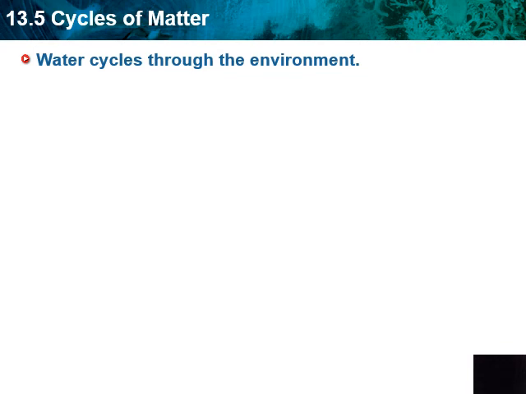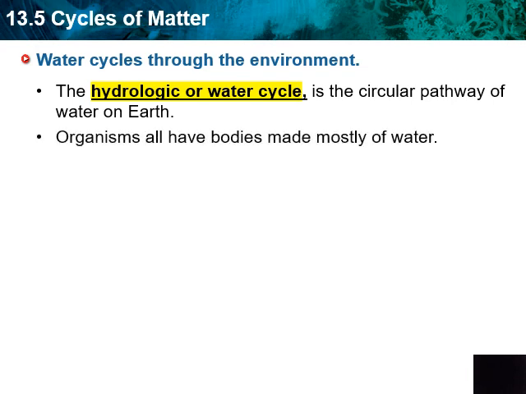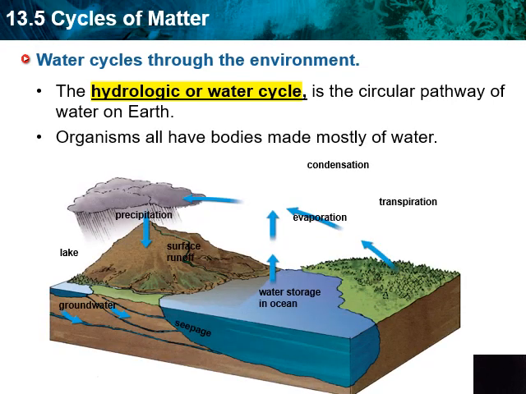So here we are in our first cycle. Our first cycle is the water cycle, also called the hydrologic cycle. Now you've learned about the water cycle since you were in like elementary school, right? We learned that rain or snow or sleet or hail falls from the sky. That's called precipitation. It falls down to the earth and lands on mountains, oceans, the ground. When it runs off mountains and things like that, we call it runoff.